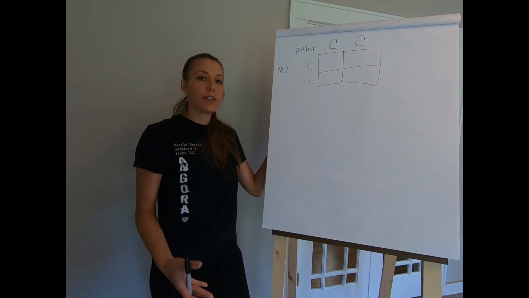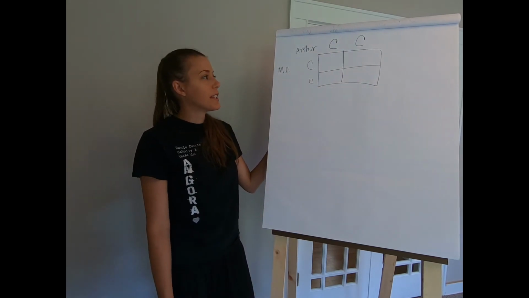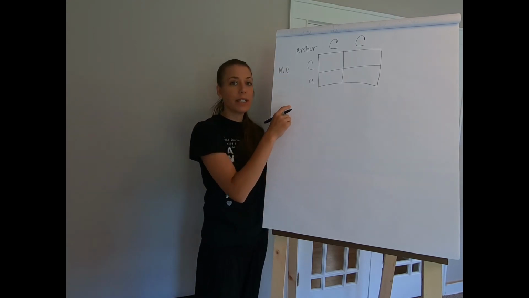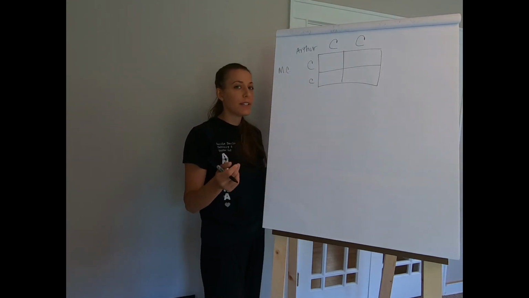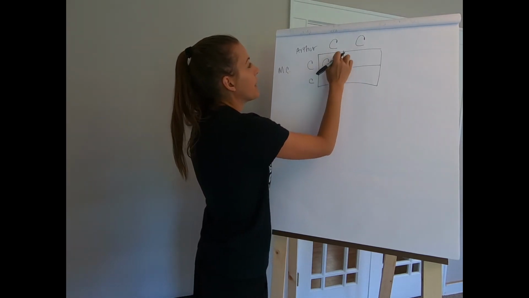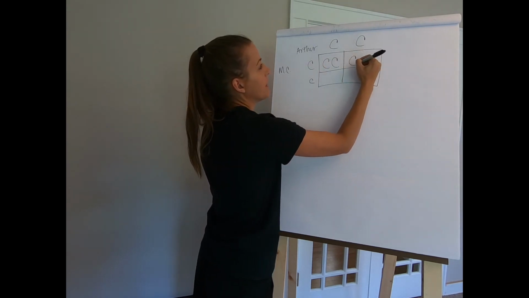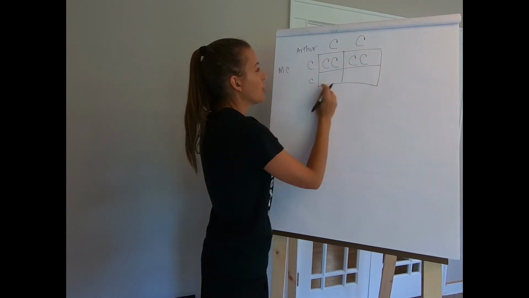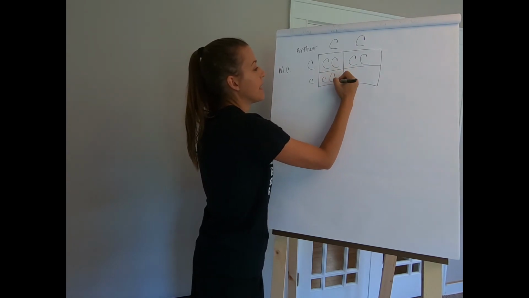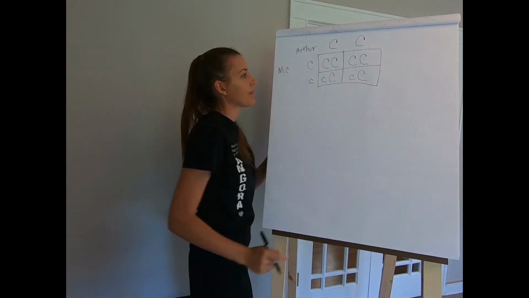So if we were concerned and looking just at the red-eyed whites, what are our chances that we're going to get a red-eyed white rabbit overpowering any of the Vienna genes? Let's look at our chances. So we carry the C's across and down, 2 big C's, again carry that C across, carry this C down, 2 big C's, carry this C across, this C down, this C across, this C down.